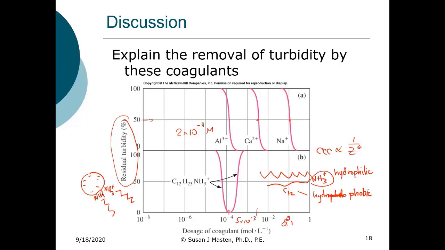And they tend to help ensure that the coagulant wants to precipitate, that it wants to come out of solution.